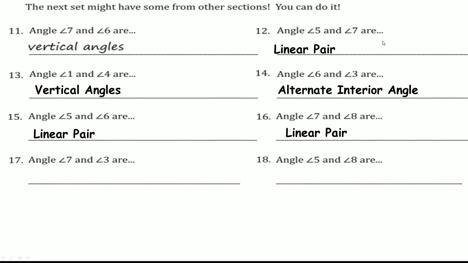Angle 7 and 8 are a linear pair. 7 and 3 are corresponding because they're in the same place. And angle 5 and angle 8 are vertical angles because they flip-flop. Just 11 and 18 throw in linear pair and vertical angles.